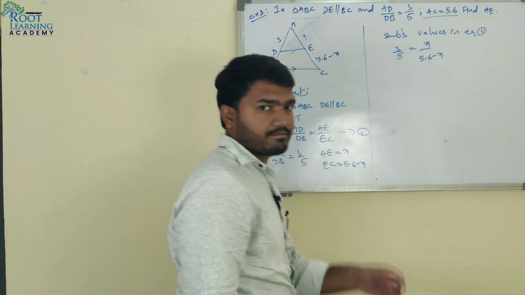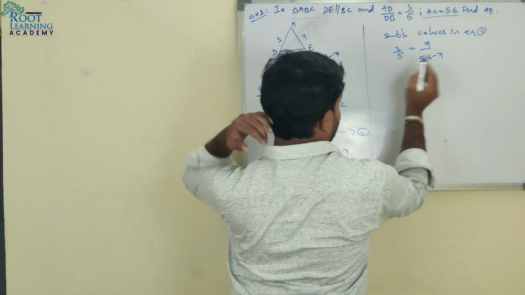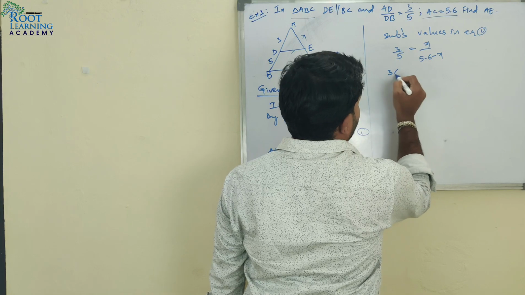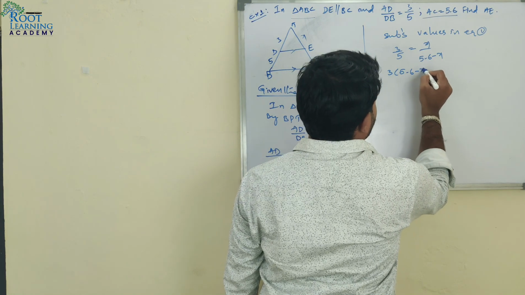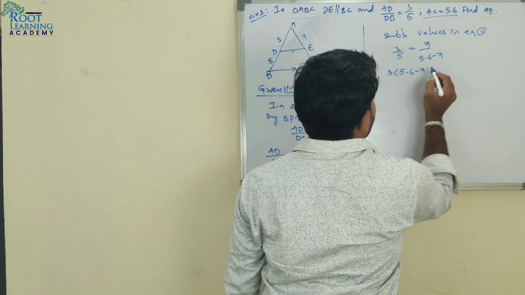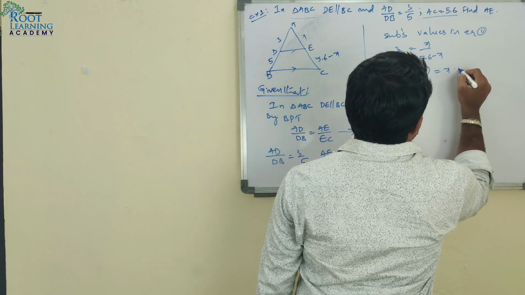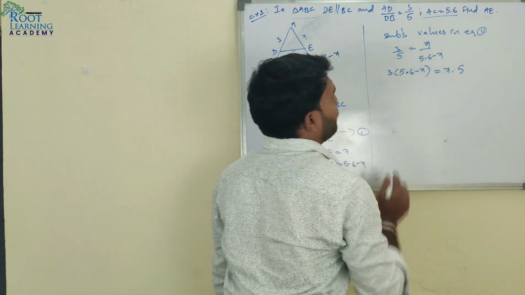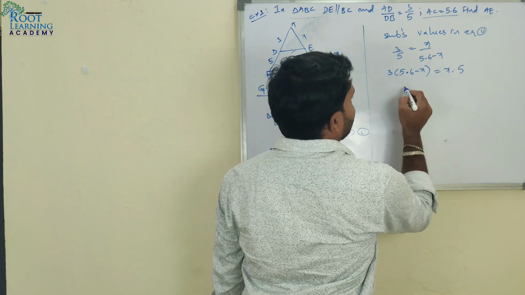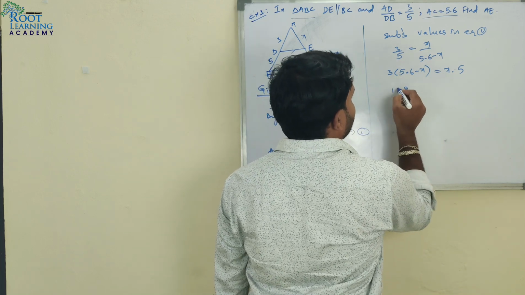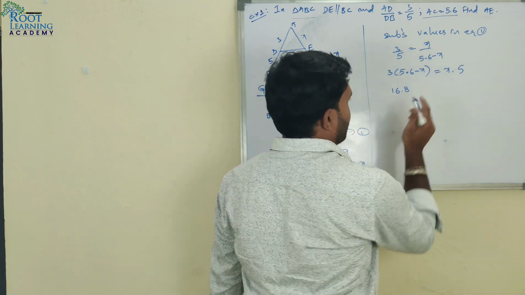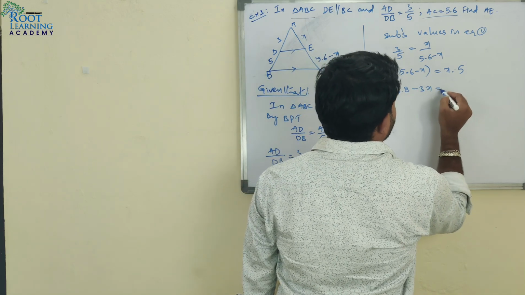Right? Just do the cross multiplication here. 3 into 5.6 minus x is equal to x into 5. So 3 into 5.6, 3 sixes are 18, 3 fives are 15 plus 1, 16.8 minus 3x is equal to 5x.